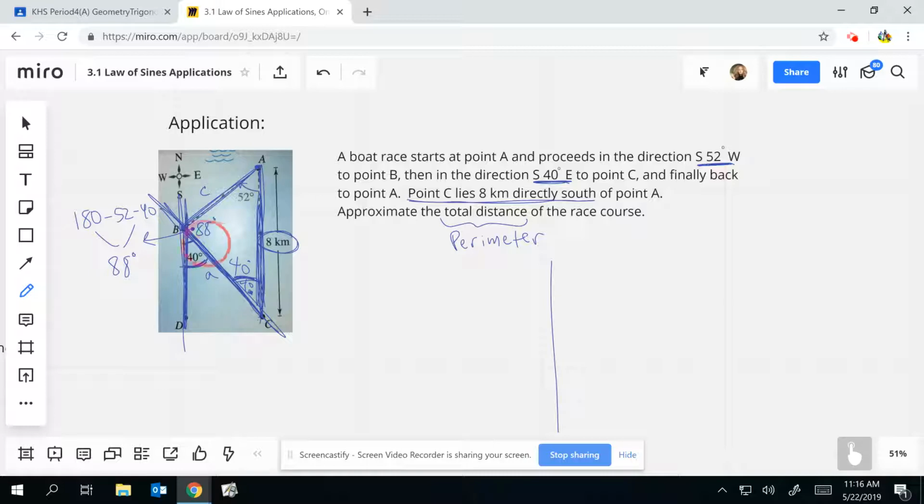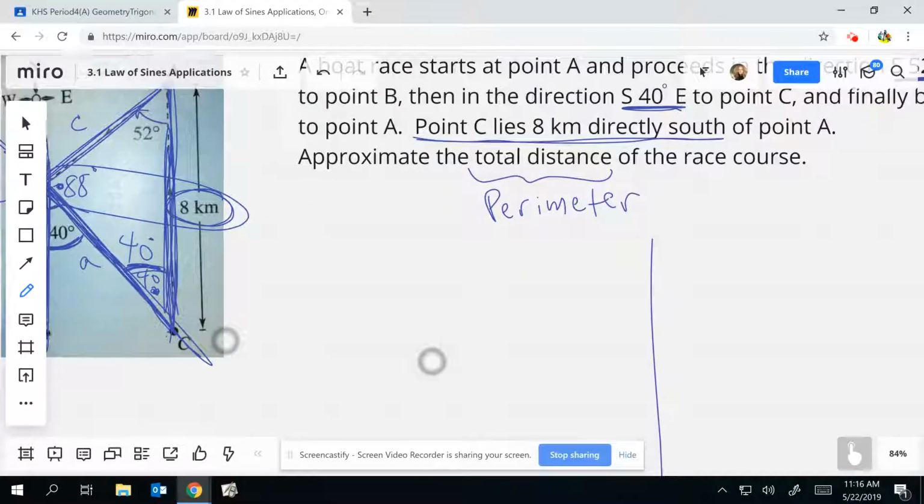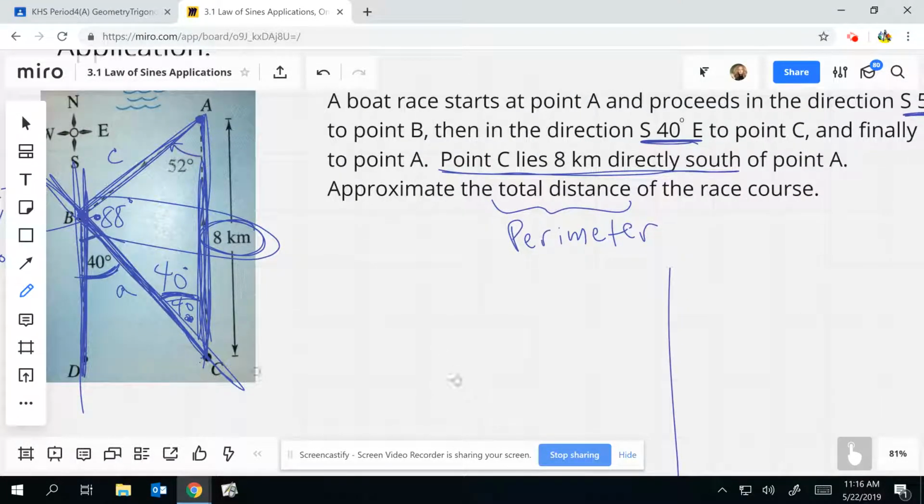I'm going to use sine of 88 over 8, since that's the one where I have both of the pair. So sine 88 over 8. If I go alphabetical, I'll do sine of 52 over little a.